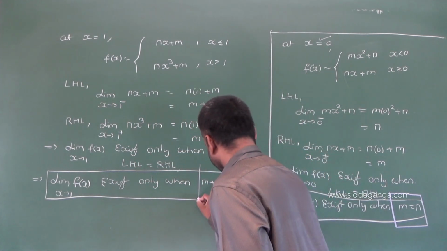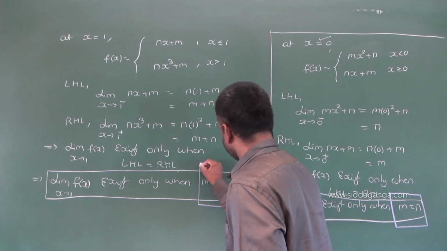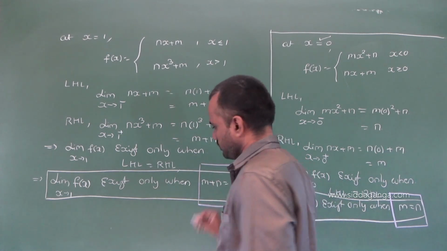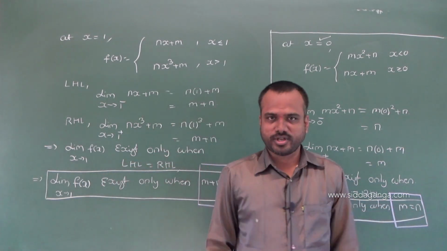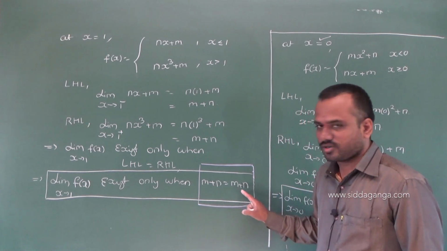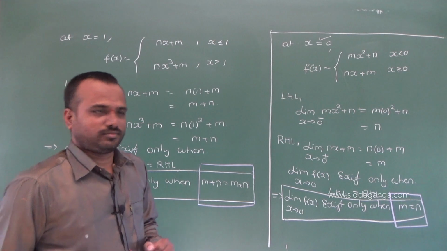One more condition: both the conditions we are finding. Here m is equal to n, and here m plus n is equal to m plus n. So we write the answer for both the limits.